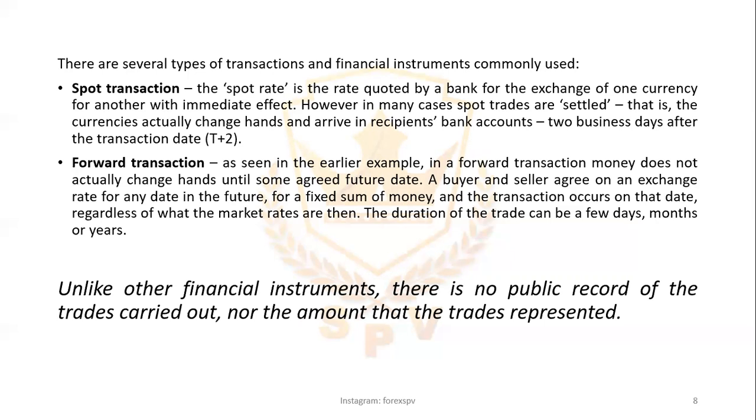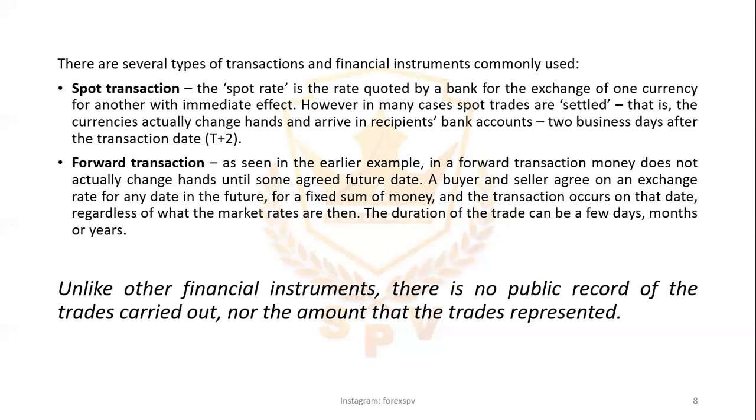Basically, the exchange rate that we see, the ask and bid prices on the FX market, those are spot rates. In most cases, the spot rates are usually settled T+2, so currencies actually change hands and arrive in recipient bank accounts.